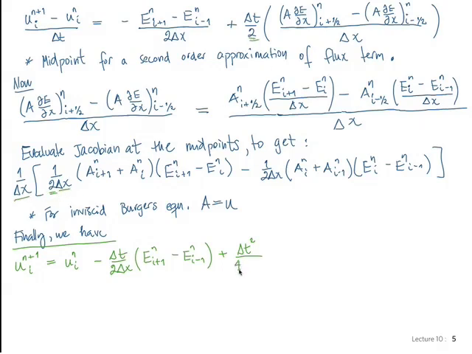So I have 4 delta x squared multiplied by this same thing, but I'm going to put u instead of A to write u at I plus 1 plus u at I multiplied by E. Remember, E is also u squared, but I'm just going to keep the E for this.